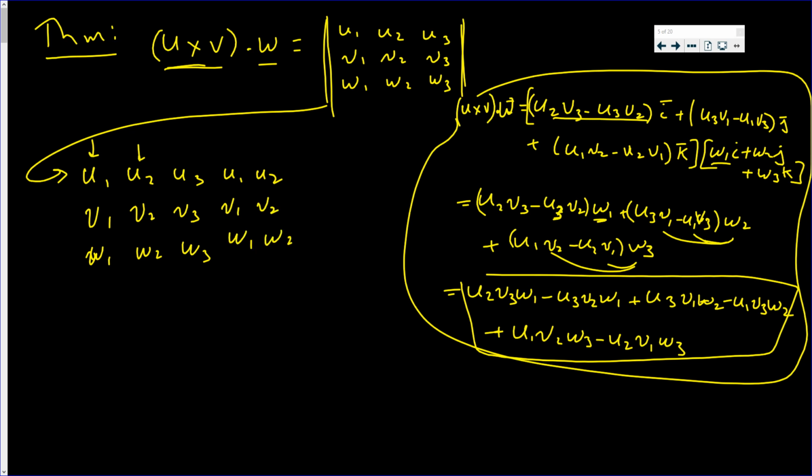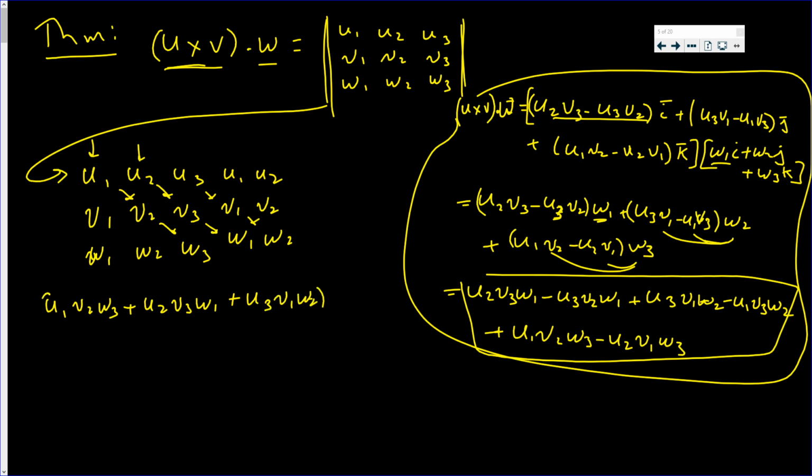Then you multiply along that diagonal, U1 V2 W3, plus you multiply along that diagonal, U2 V3 W1, plus you multiply along that diagonal, U3 V1 W2.